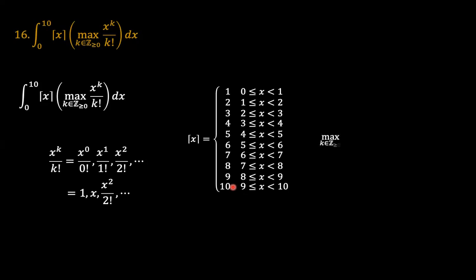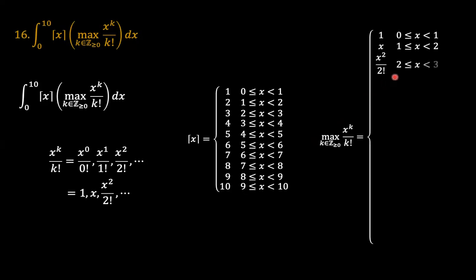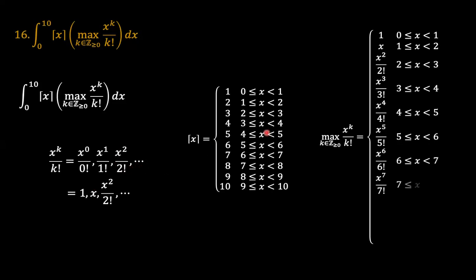Now, if we also look at the maximum of x to the power k over k factorial, we see that between 0 and 1, 1 is going to be greater than all the other options of x to the power k over k factorial. As you cross to between 1 and 2, x is going to be greater than all the other options, greater than 1 and greater than x squared over 2 factorial, greater than x cubed over 3 factorial, and so on.